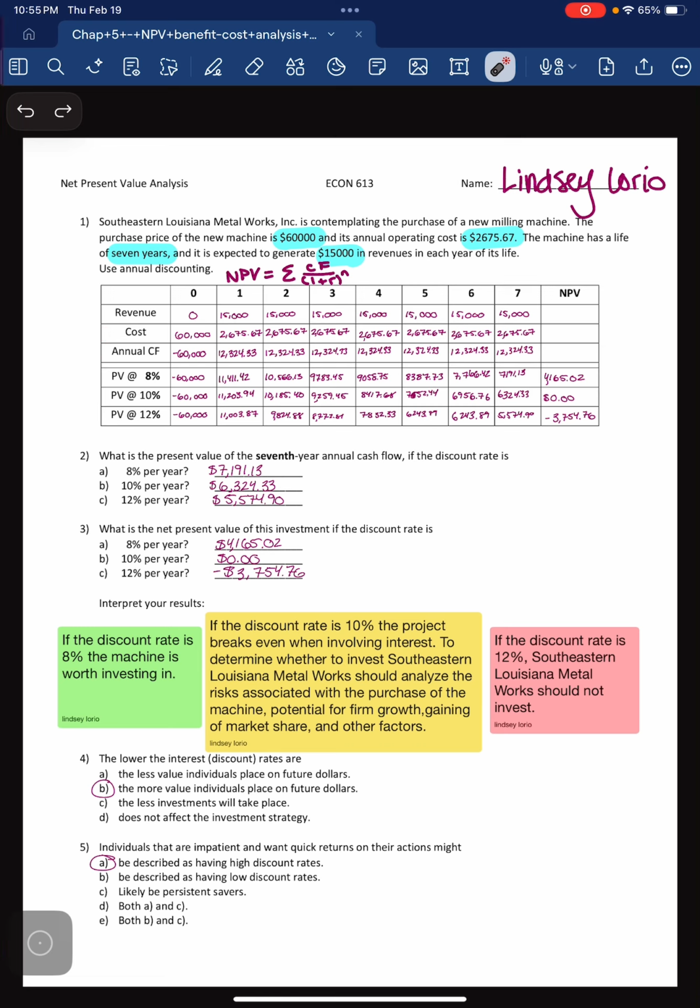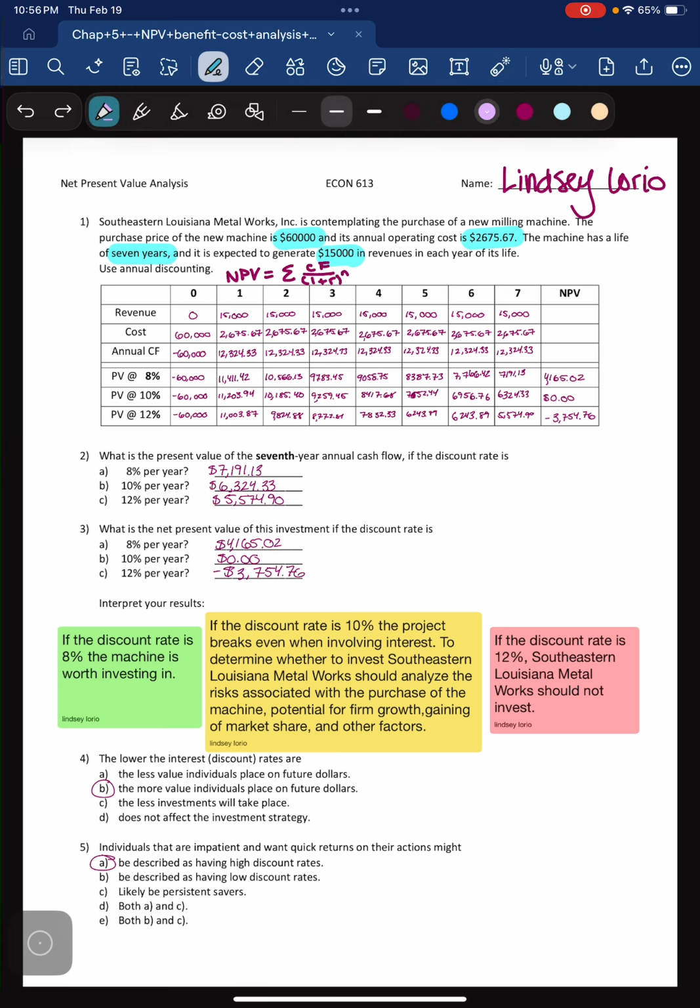And the present value of each cash flow is calculated by doing this cash flow over 1 plus the rate to the number of years that it is from currently, 0 being current. So we're going to do that for every single box here.